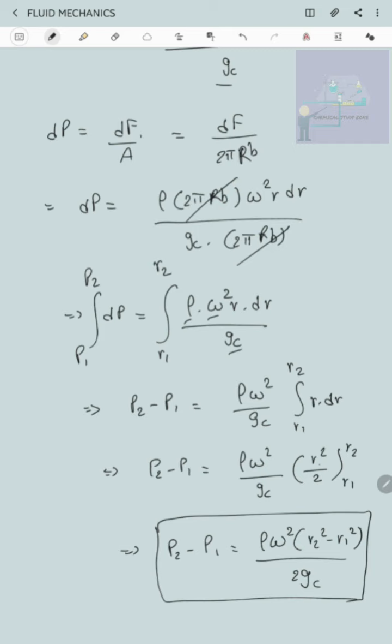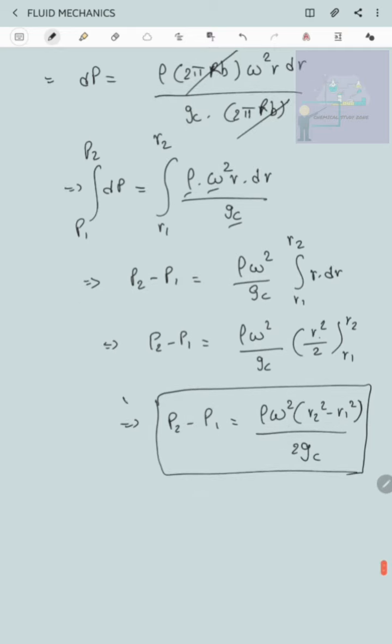After integration we get P2 minus P1 equals rho omega square into r2 square minus r1 square by 2gc, which is the important equation of the pressure difference in case of a centrifugal force system.